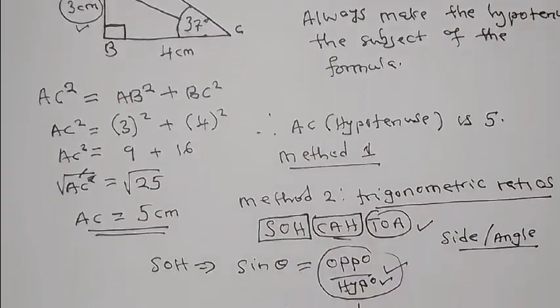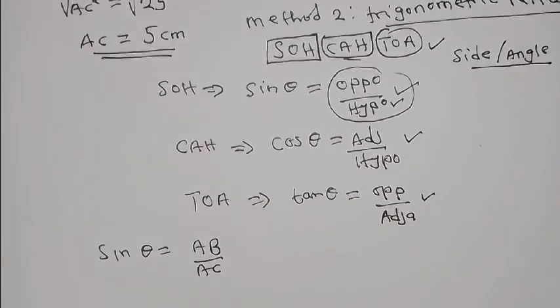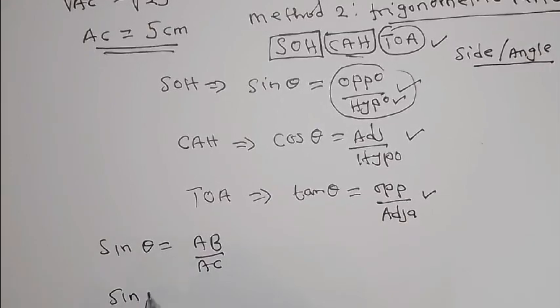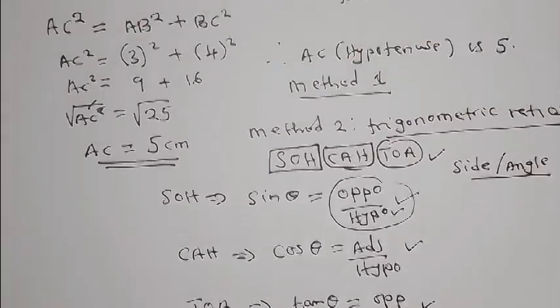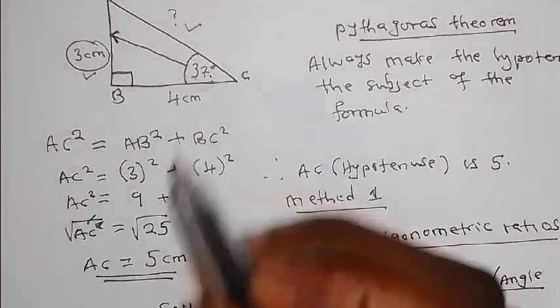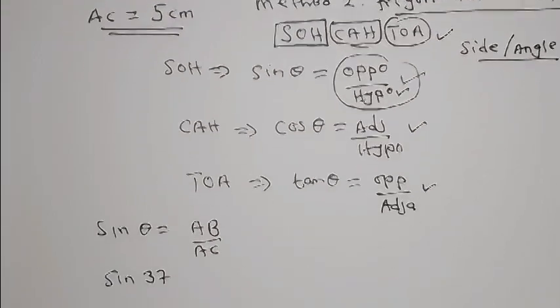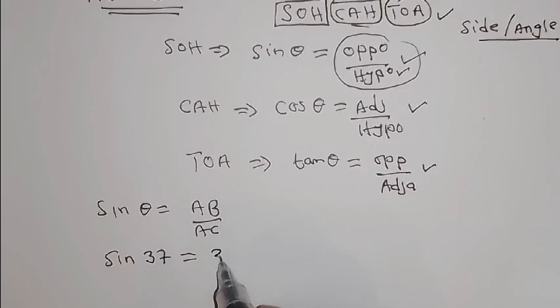From this we can now say that the angle is 37, you can counter check please. The angle given is 37, and our opposite is just 3 centimeters.